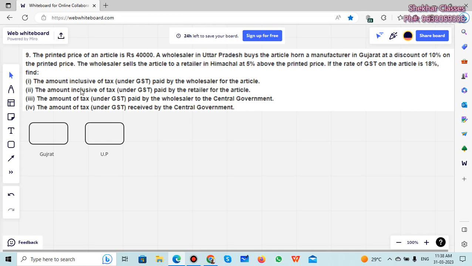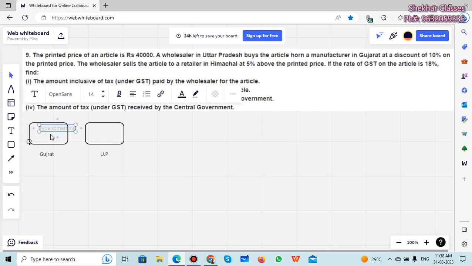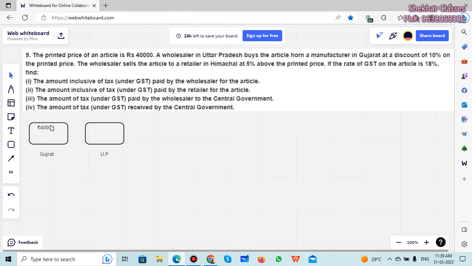So the printed price on an article was 40,000. So just mark it. How much is it? 40,000. This is the price. Now, he buys it from the Gujarat manufacturer, and the selling price to Uttar Pradesh is 40,000.